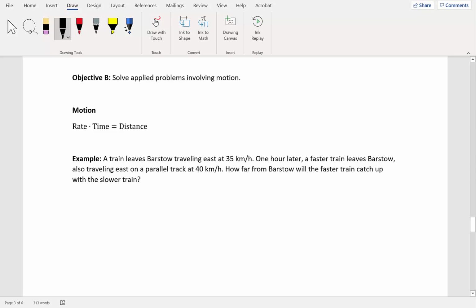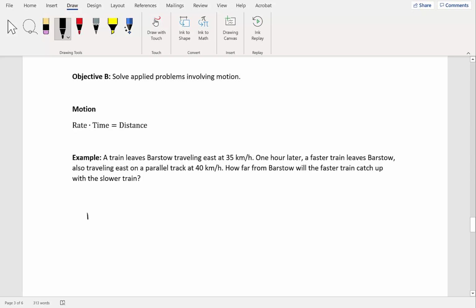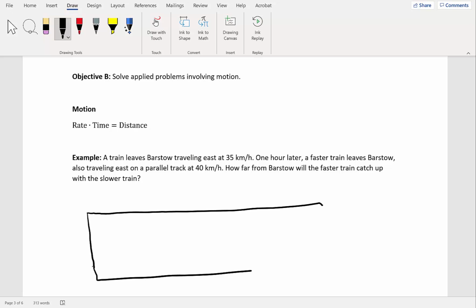Okay. So let's go ahead, let's create our table. Okay, so we have two trains. We have a slow train and we have a fast train.